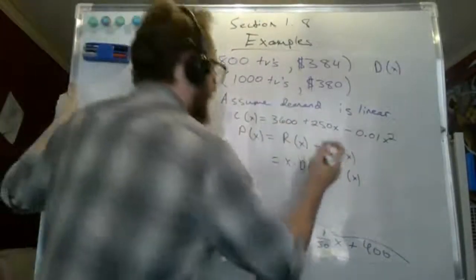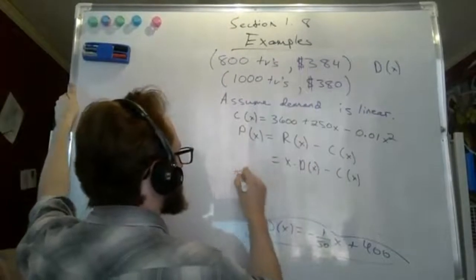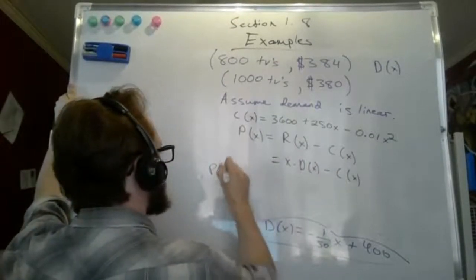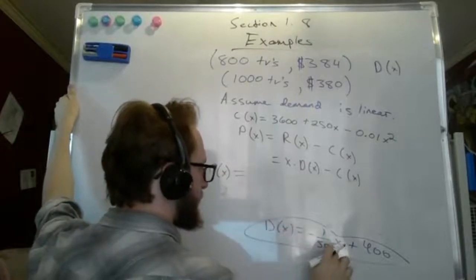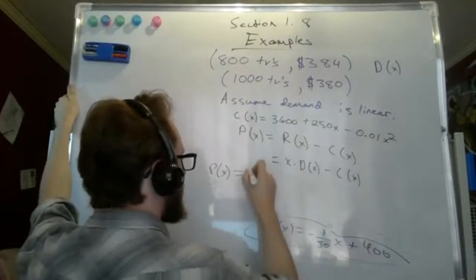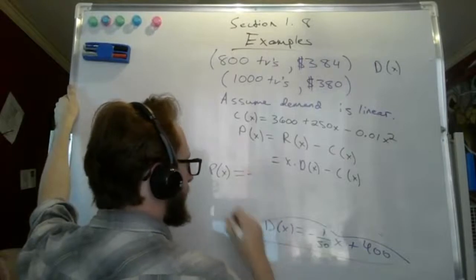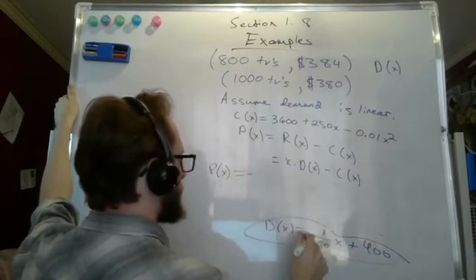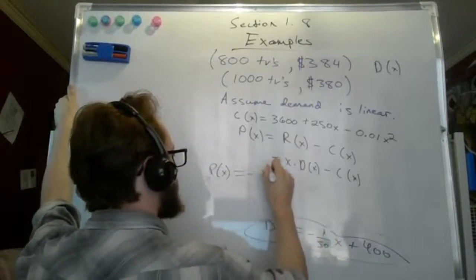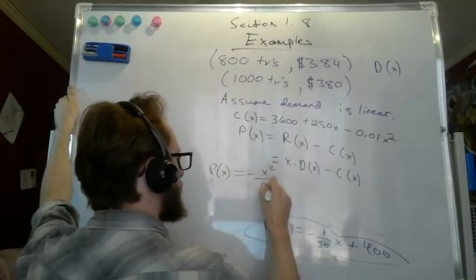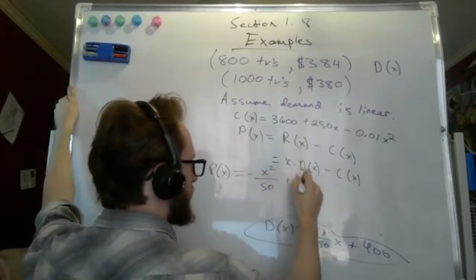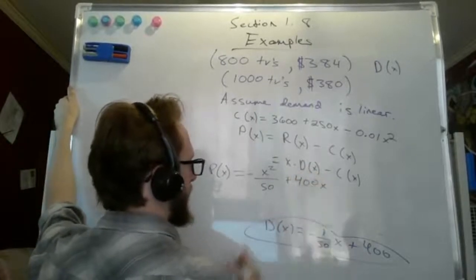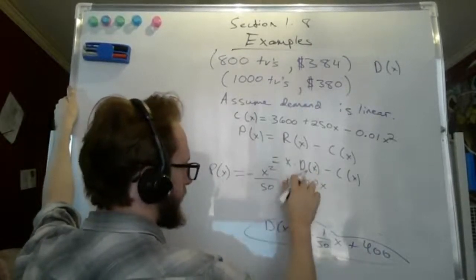So let's go ahead and do that. So we're going to have for our profit function x times d of x. So I'm going to distribute in x into our demand function here. So I'm going to move this x into the numerator. So we're going to have a negative x squared divided by 50 plus 400x. That's just x times my demand.